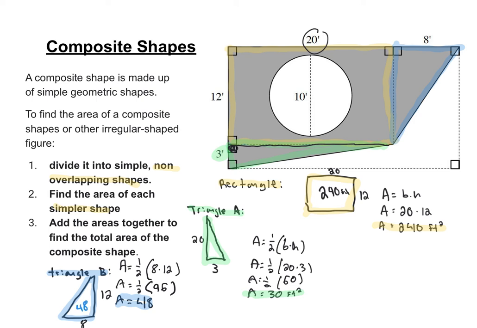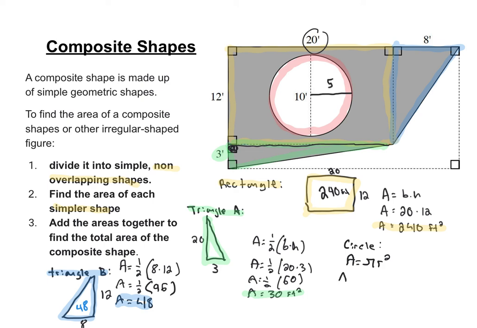And then we're going to have to, in the end, subtract the area of this circle because that's not included in the shaded region. So let's find the area of that circle. So area is pi r squared. And then since our diameter is 10, that means our radius is 5.